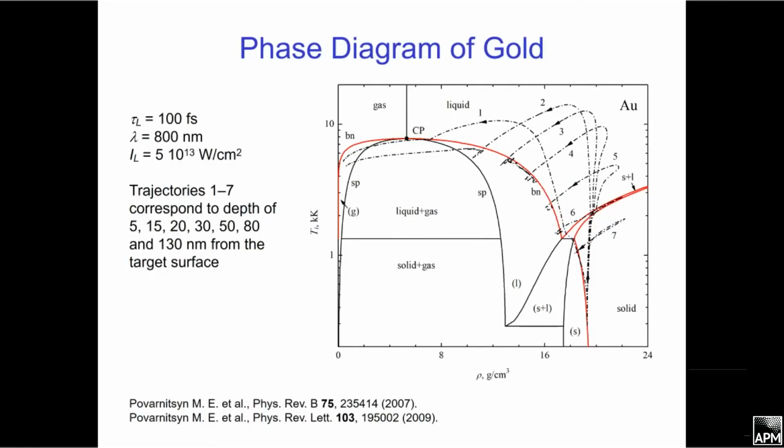Also, another example of such a process where we need to know the equation of state of material over a wide range of temperatures and densities is the interaction of an ultra-short 100 femtosecond laser pulse with metal, gold, for example.